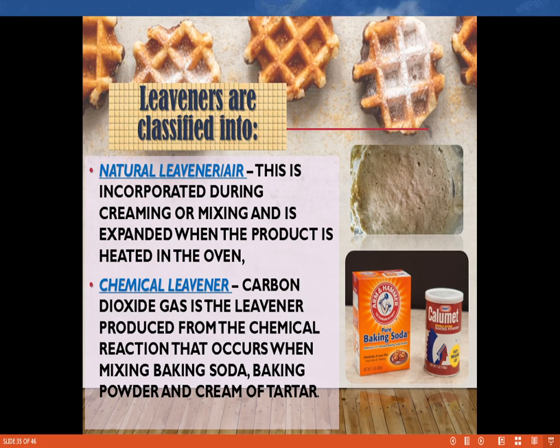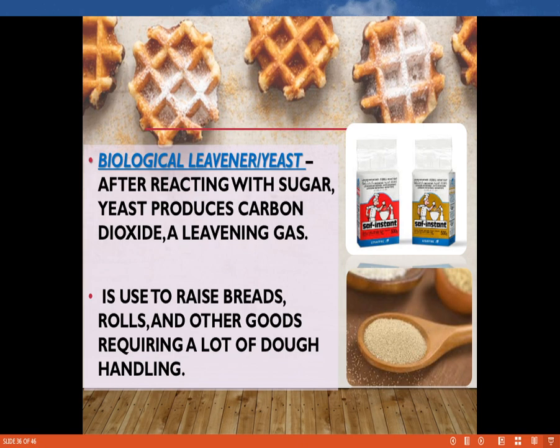Carbon dioxide gas is the leavener produced from the chemical reactions that occur when mixing baking soda, baking powder, and cream of tartar. Next is biological leavener. After reacting with sugar, yeast produces carbon dioxide, a leavening gas. It is used to raise breads, rolls, and other goods requiring a lot of dough handling.